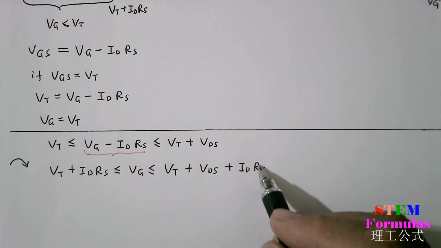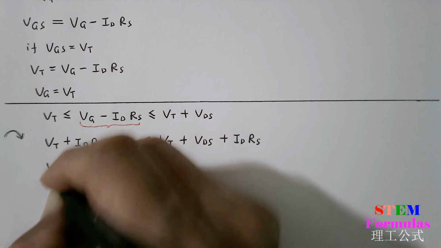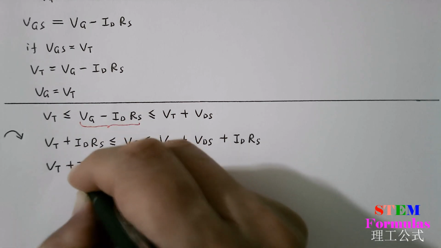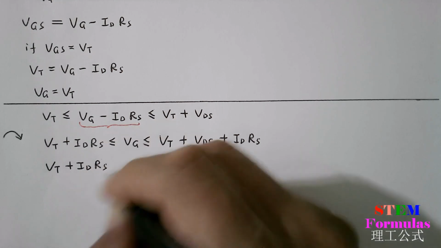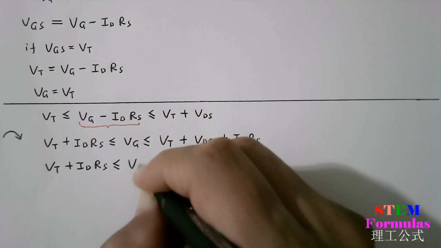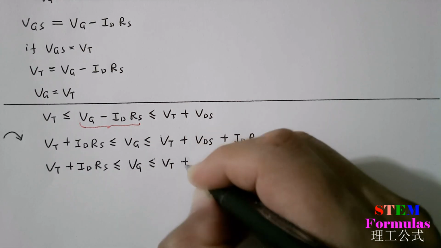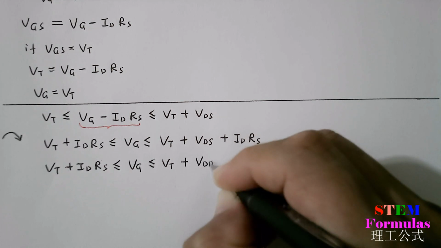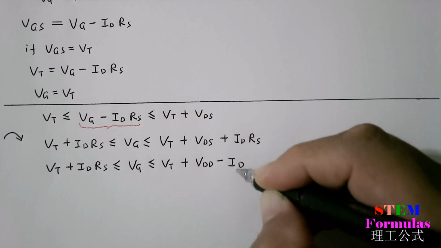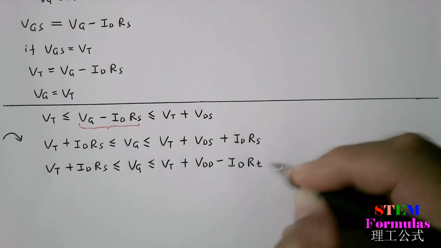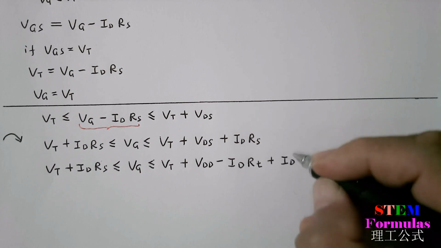Now, this one I can write further as VT plus ID RS smaller or equal to VG, smaller than or equal to VT plus VDD minus ID RT plus ID RS.